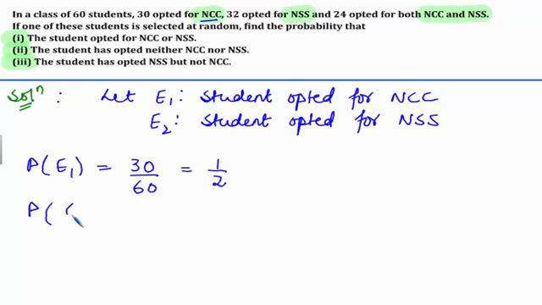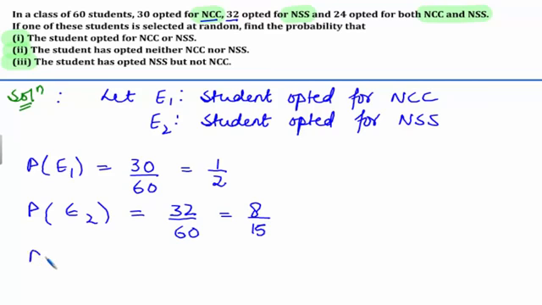Probability that the student opted for NSS is 32, which is the total number of favorable outcomes, divided by the total number of students, which is 60. So this is equal to 8 upon 15 on simplification.